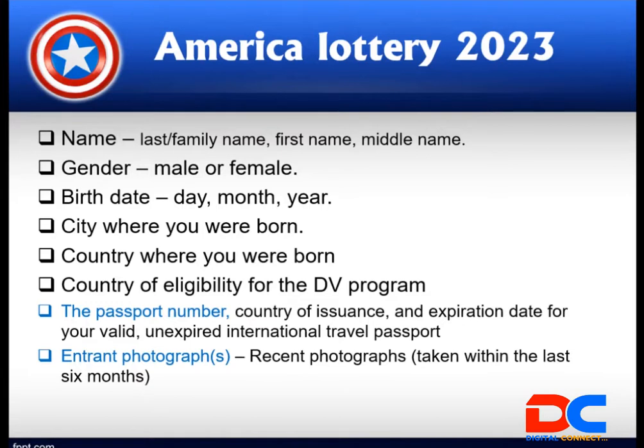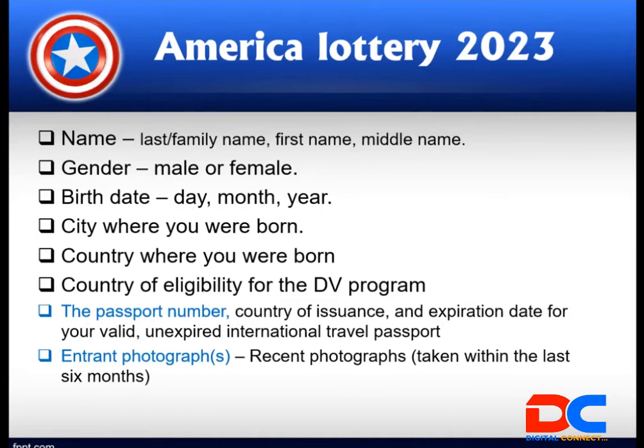On their forms, these are the information they will ask you to provide. If you go through the form, which we will go in there shortly to see how it goes, they will ask you to provide your name, your gender, your date of birth, city where you were born, country where you live, country of eligibility of the DV program, your passport number. That is very key, because if you don't have a valid passport number, you will not be able to apply for this lottery.